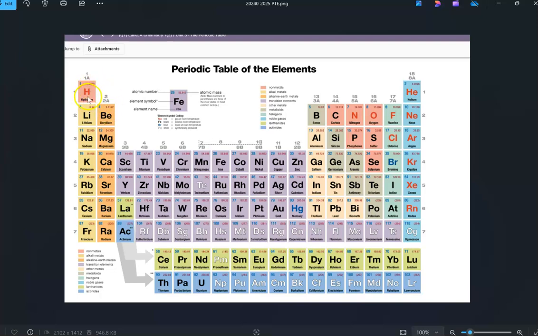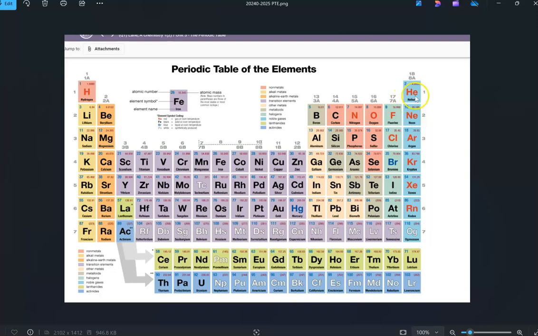So if I have 1 mole of hydrogen, the mass in grams would be 1.0080. When it's molar mass, we usually round it to 2 places past the decimal. So if I need the molar mass of an element, I come to the periodic table, find the atomic weight, and label it in grams.